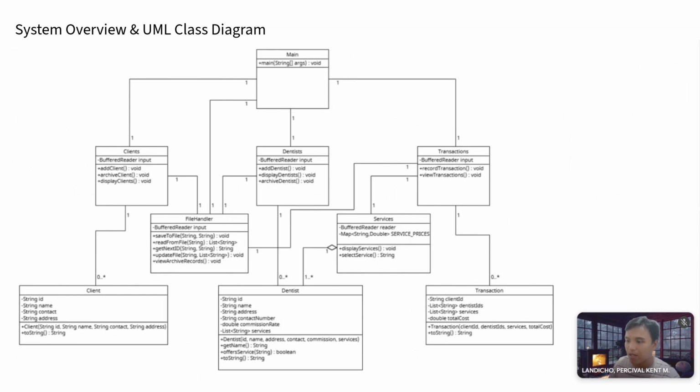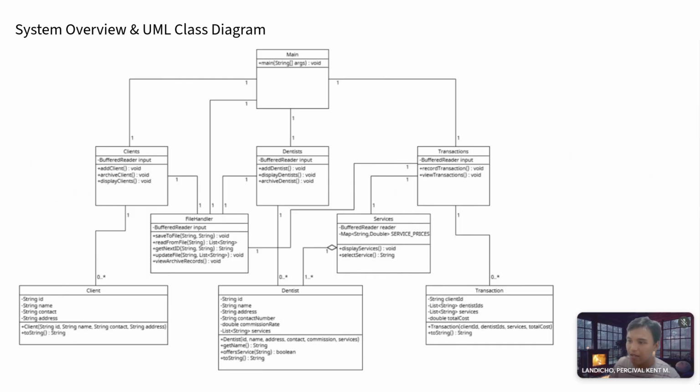The class provides getter methods for the ID and name, an offer service method that checks whether a specific service is available, and a toString method that formats the data for file storage. This class represents a dental professional registered in the clinic.